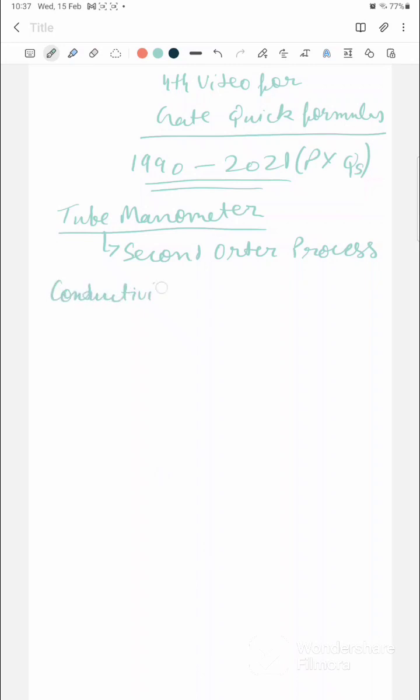Conductivity meter we use to determine the composition.